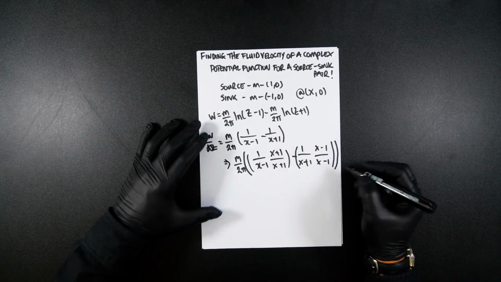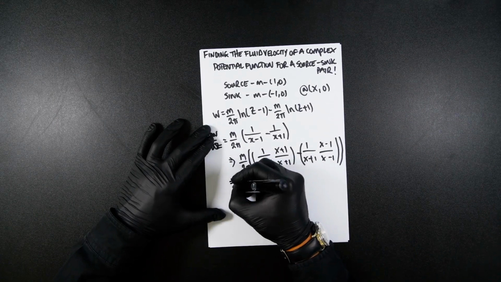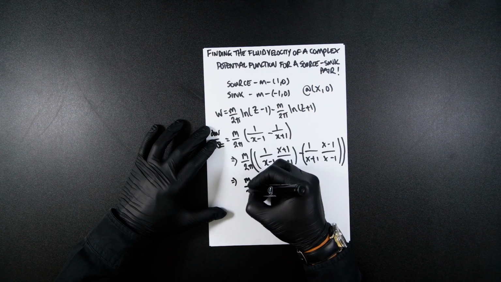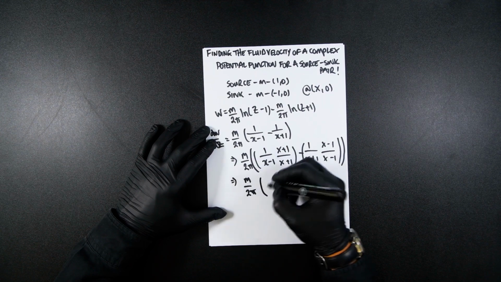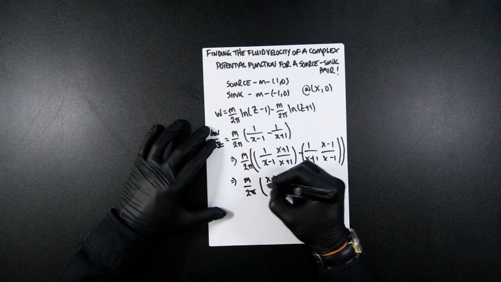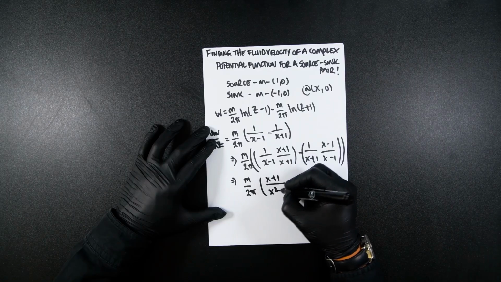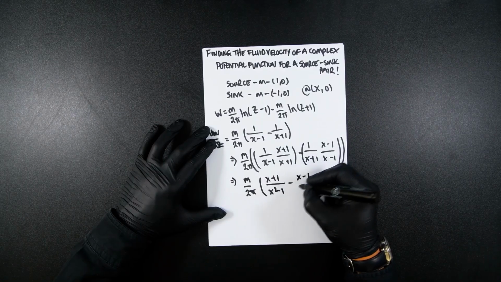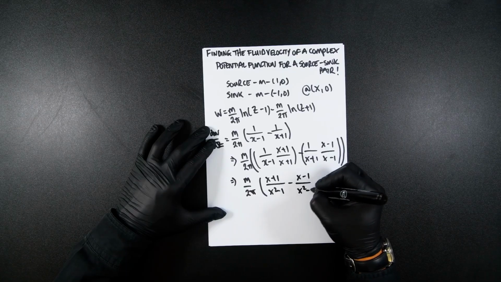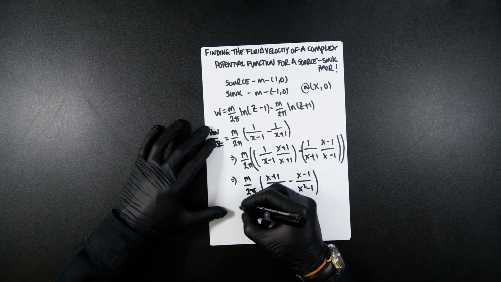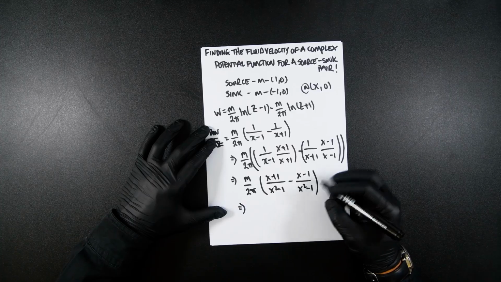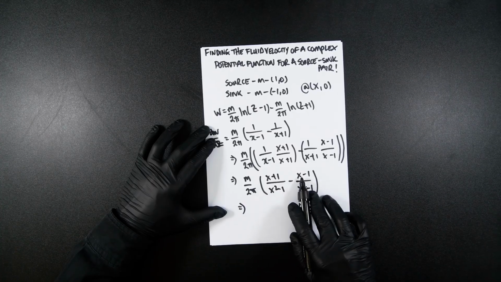If we now clean this all up, you're going to get m over 2 pi, (x plus 1) over (x squared minus 1) minus (x minus 1) over (x squared minus 1), which is very convenient because the x's are going to disappear.